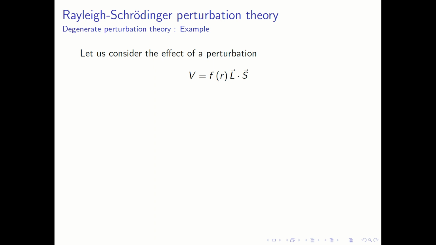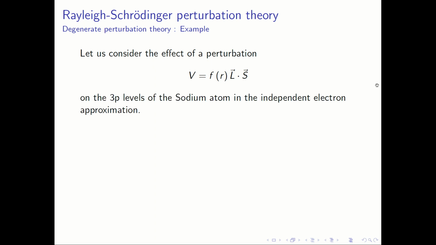So, this is a scalar operator L dot s times some arbitrary function of r, the radial distance, and we want to investigate the effect that this term has on the 3p as well as the 3s electrons. It is pretty easy to see that for 3s electrons, L being 0, this perturbation will have no effect, at least in the first order. So, we are looking at the effect of this perturbation on the 3p electron or the 3p level of the sodium atom, and of course, we are working in the independent electron approximation.